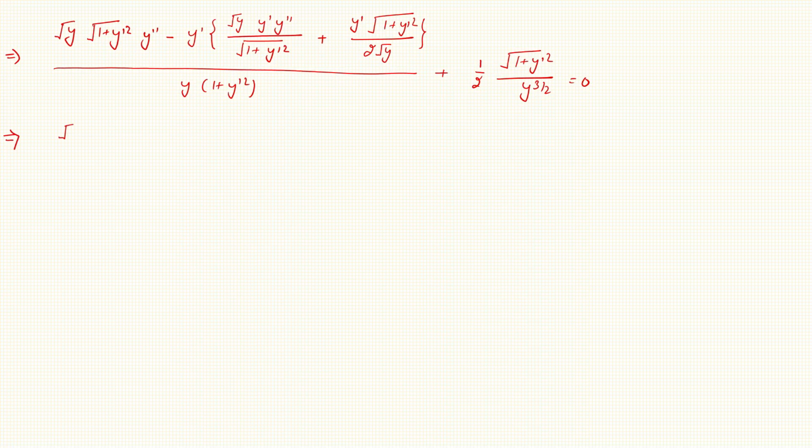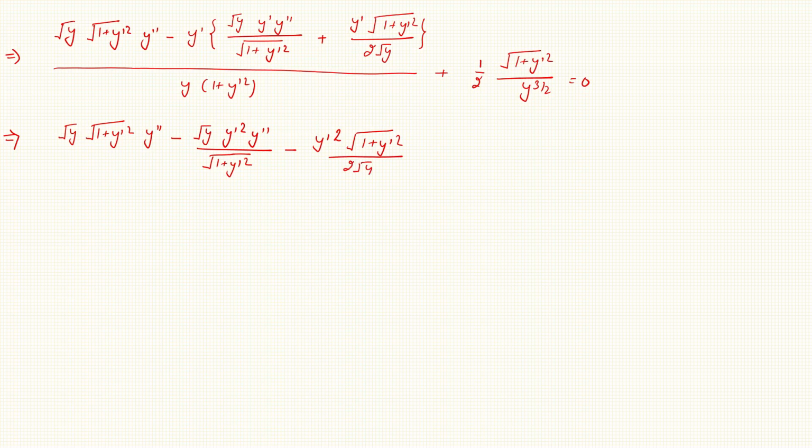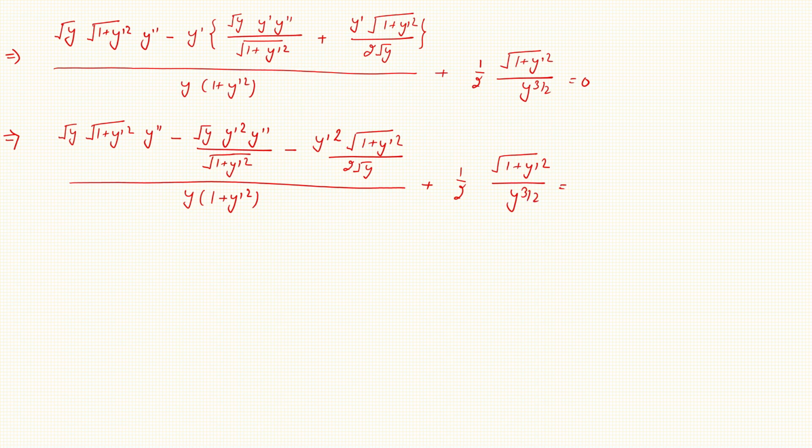Now this will be √y √(1 + y′²) y″ minus √y y′² y″ upon √(1 + y′²), minus y′² √(1 + y′²) upon 2√y, divided by y(1 + y′²) plus 1 upon 2 √(1 + y′²) upon y to the power 3/2 is equal to 0.